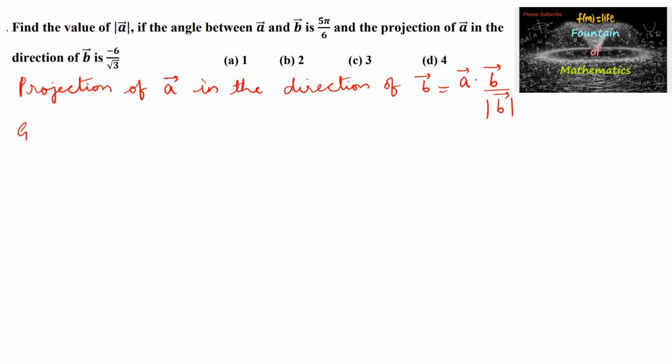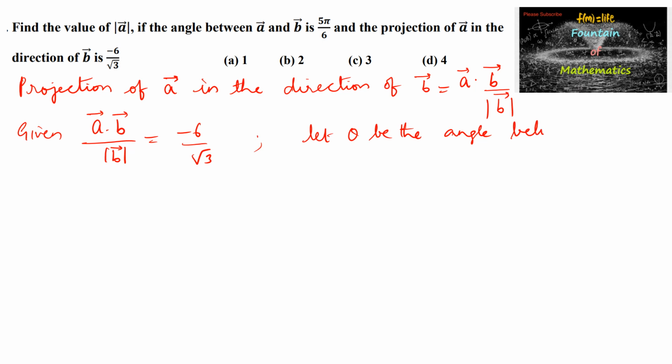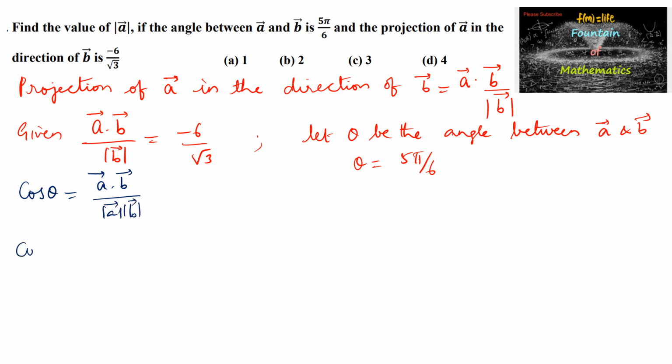So here given A dot B divided by mod B is equal to minus 6 by root 3. And also angle, let us consider theta. Let theta be the angle between two vectors, which is given theta is equal to 5 pi by 6. And we have cos theta is equal to A dot B divided by mod A mod B. So let us apply theta here.